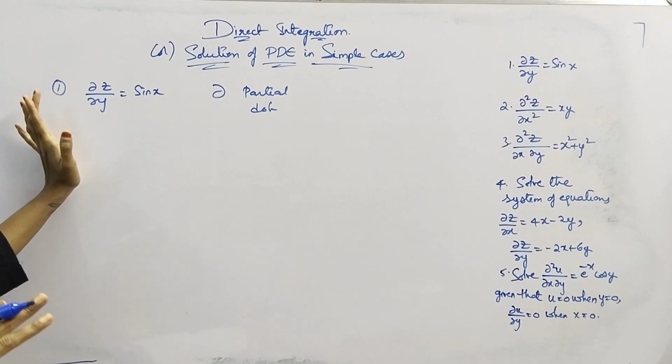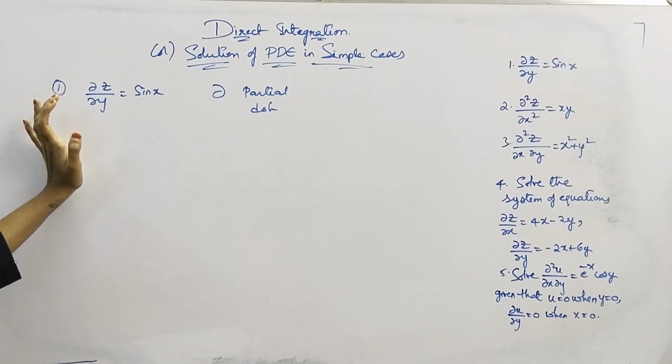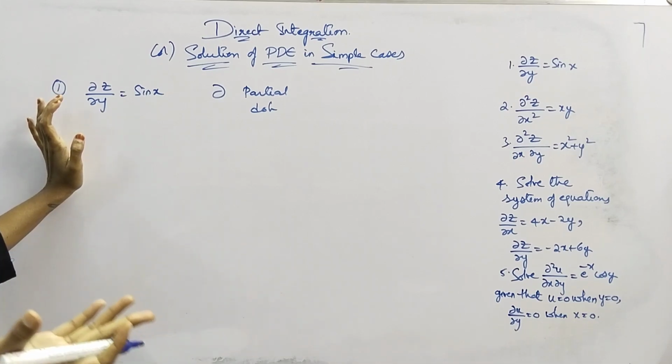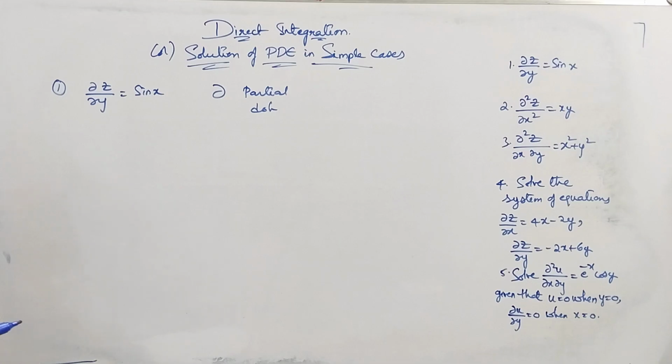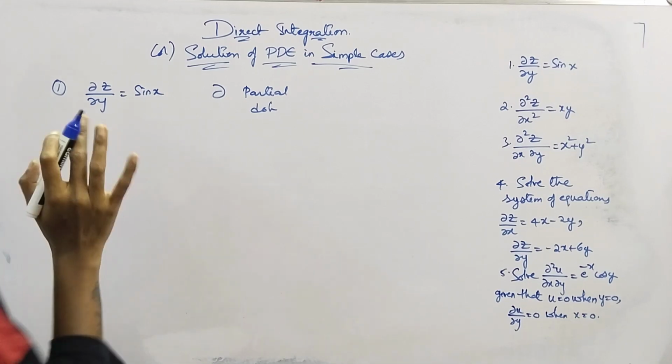If we find the partial derivative with respect to x, then we'll treat y as constant. The other variables are treated as constant. We all know that z is a function of 2 variables also. So let's see how we are going to do this.